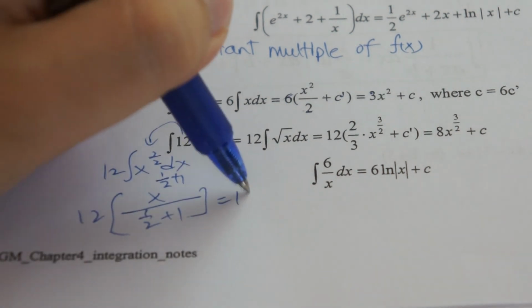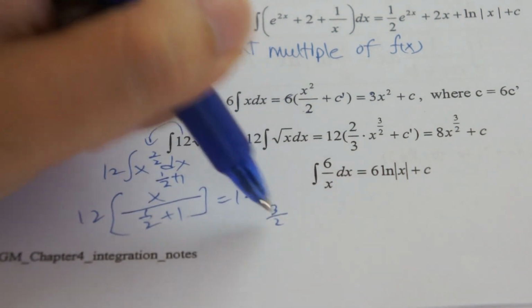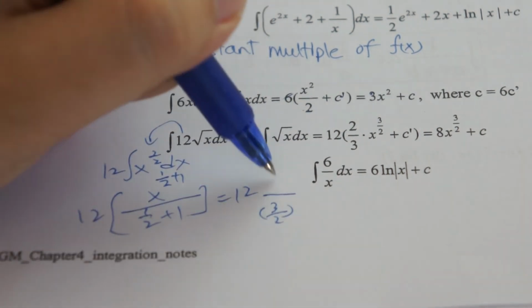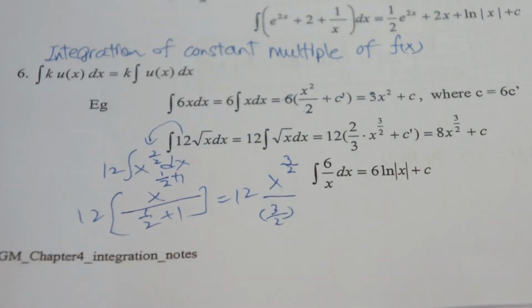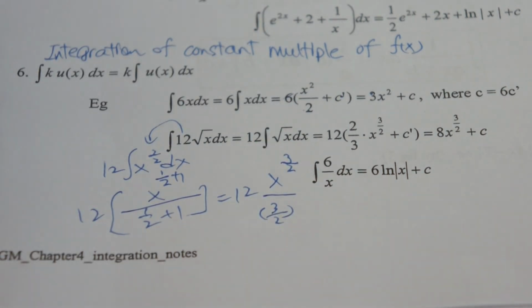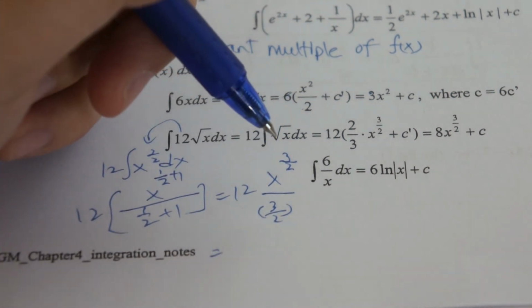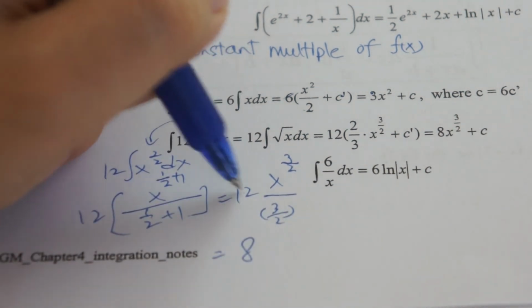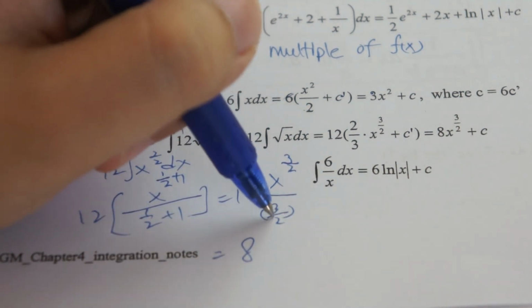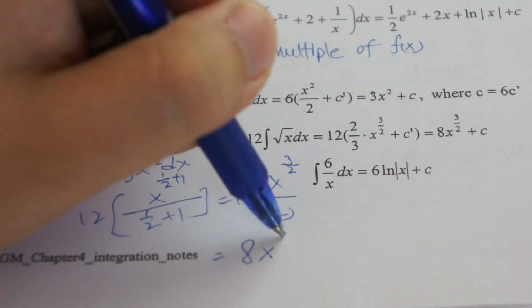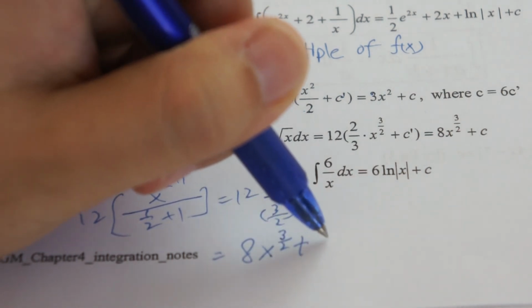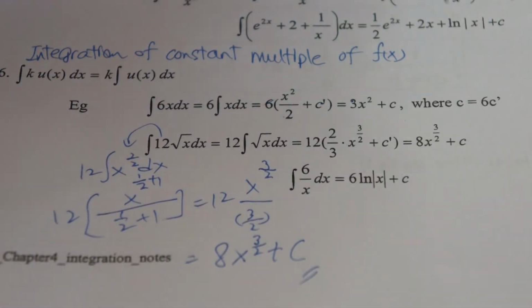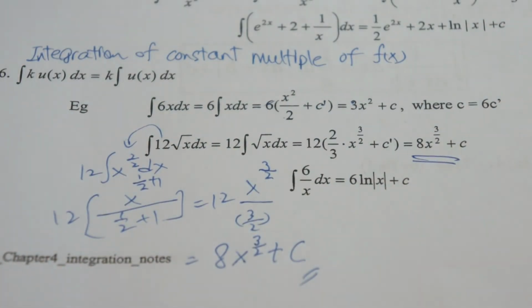So the answer is 12, and then 3 over 2, and then x to the power of 3 over 2. It becomes 8, because 12 divided by 3 over 2 is 8, so 8x to the power of 3 over 2 plus c. So that is why the answer is like here.